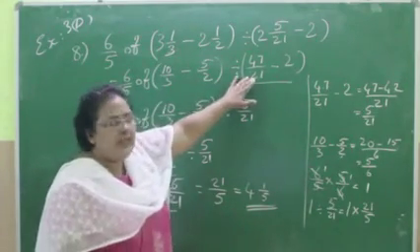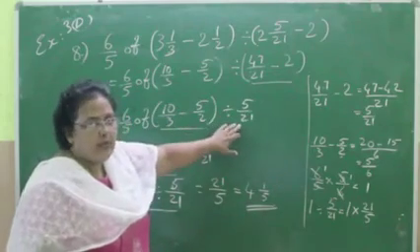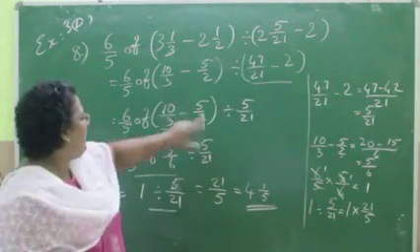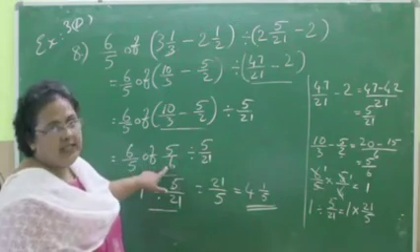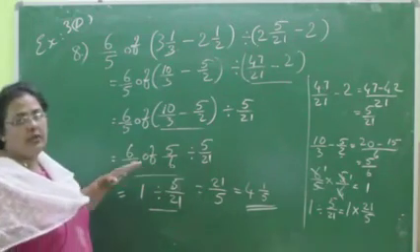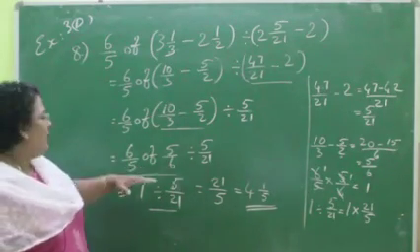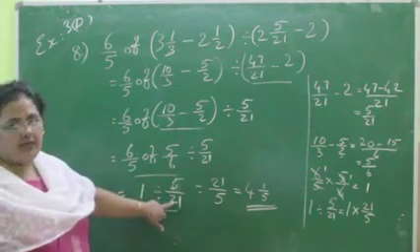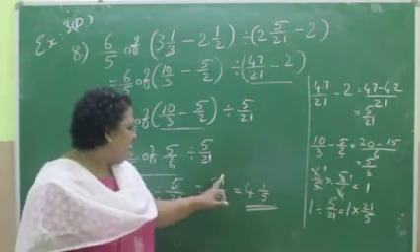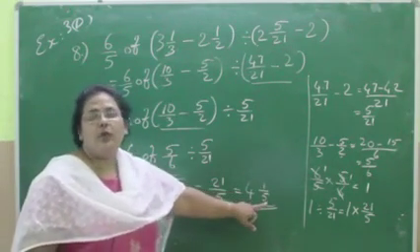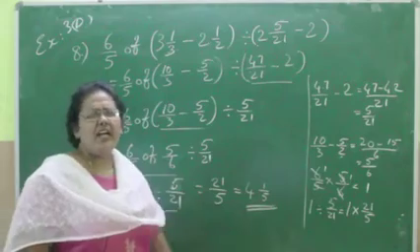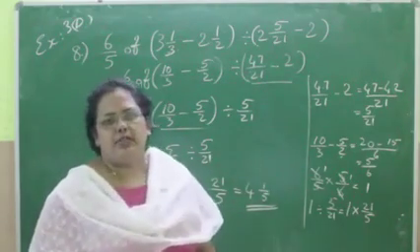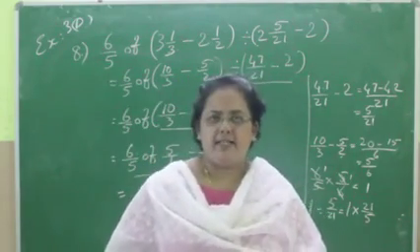First we did this one and we got 5 by 21, and then we did this bracket, so we got 5 by 6, and then according to BODMAS, "of" will come first. So we did "of", and got the answer as 1, and then divided by 5 by 21, you got the answer as 21 by 5, that's equal to 4 1 by 5. I hope BODMAS is clear to you with different brackets.